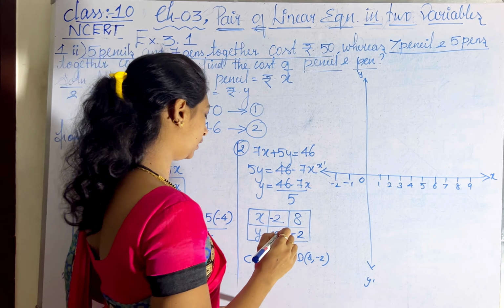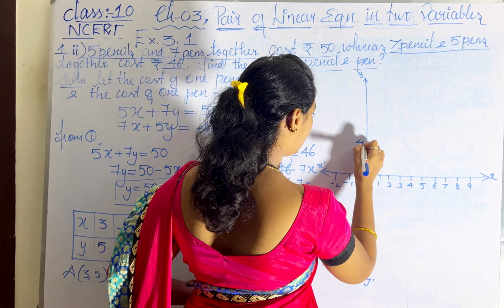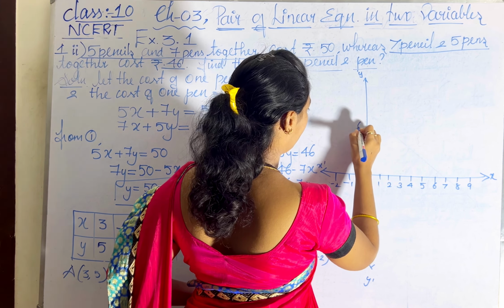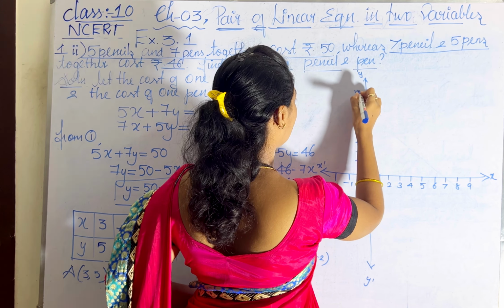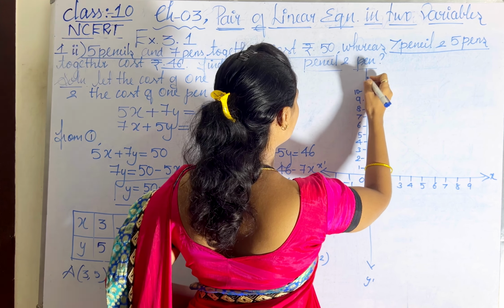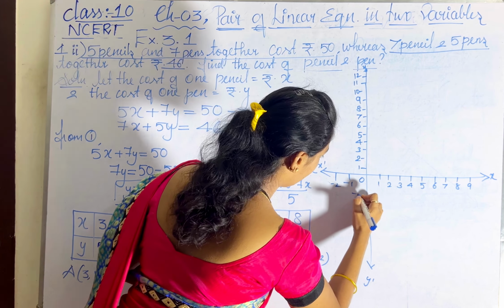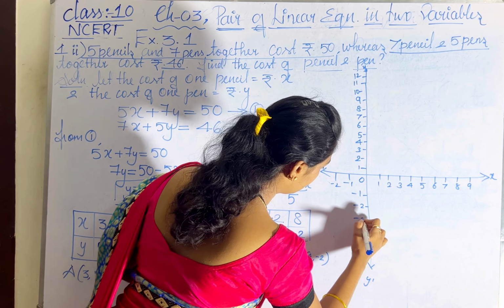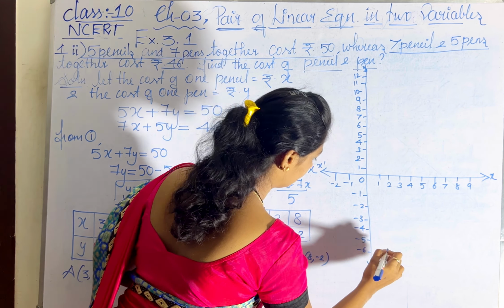Then on y we have 1, 2, 3, 4, 5, 6, 7, 8, 9, 10, 11, 12, etc. On the left negative side we have minus 1, minus 2, minus 3, minus 4, minus 6, etc.